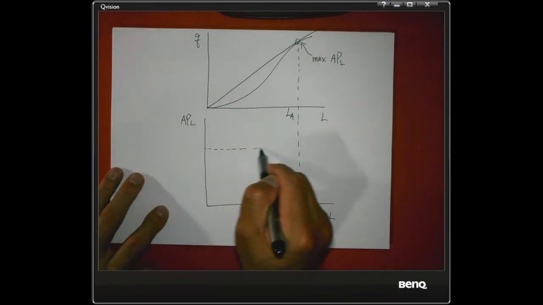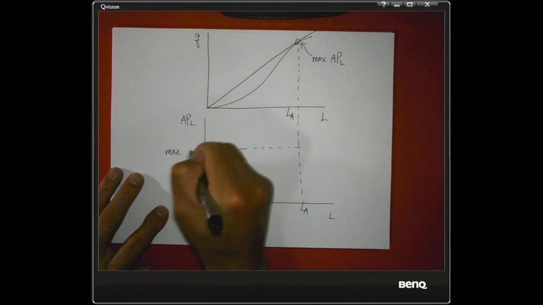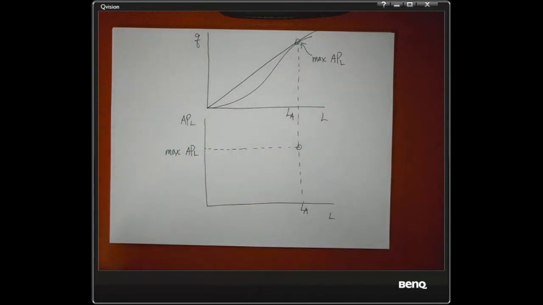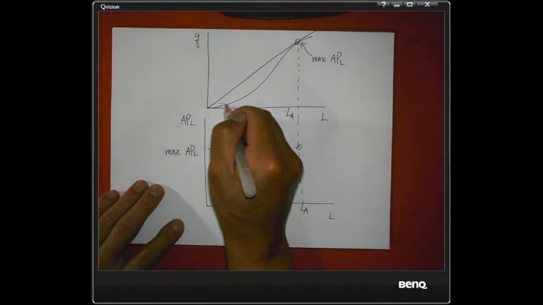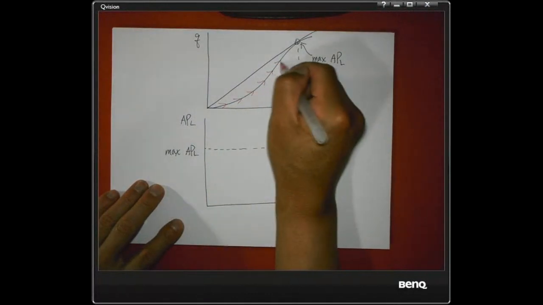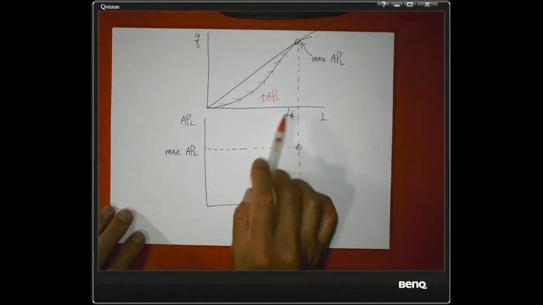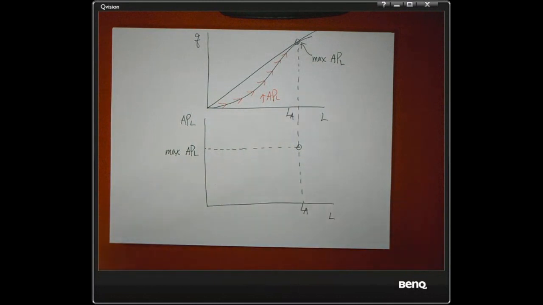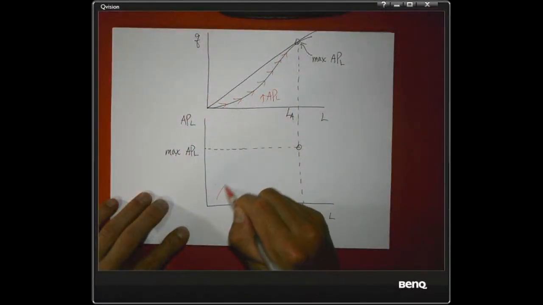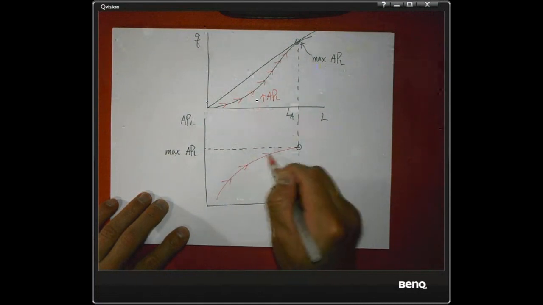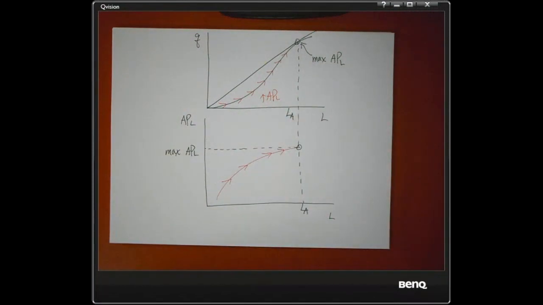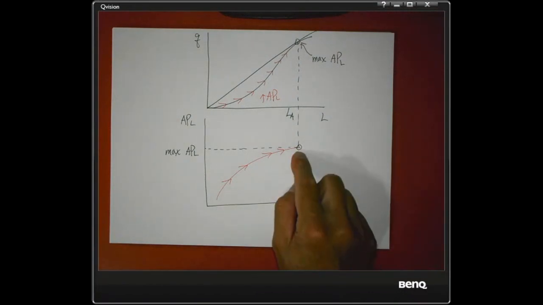And if this represents the maximum average product of labor, down here in the graph below, what we see is, as we increase labor inputs, the average product of labor is increasing up to this point to reach the maximum.